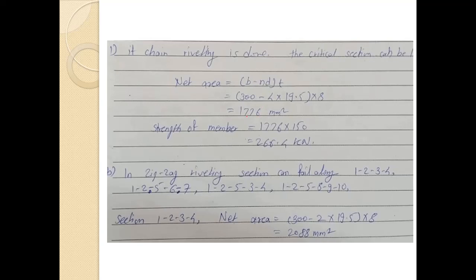So we get the area 1776 mm square. The strength of the member is 1776 into 150, that is 266.4 kilonewton.